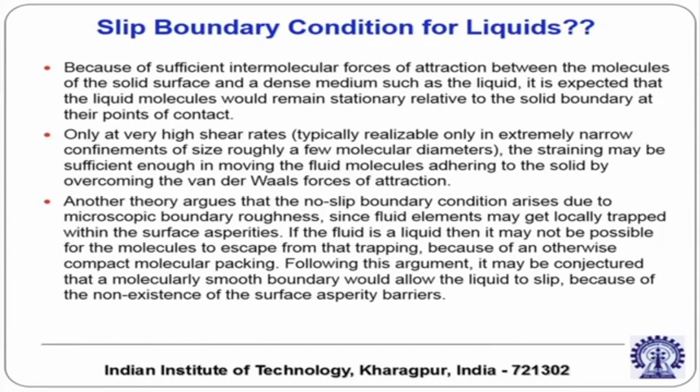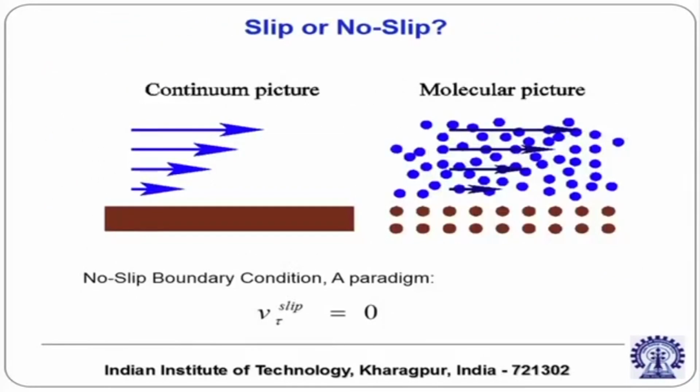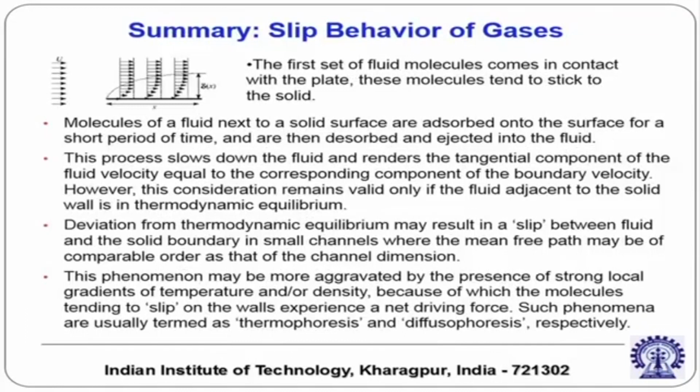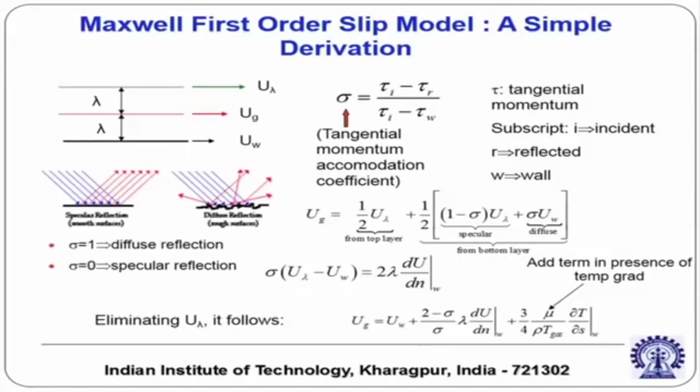Then we introduce something called slip length, and the slip length again for Maxwell's first order slip boundary condition is, you can see very clearly, (2 minus sigma) by sigma into lambda, the expression that is given in the last equation.